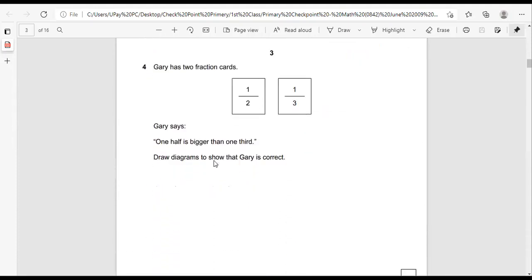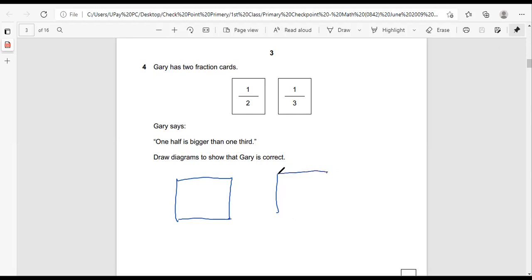We'll move to question number 4. Gary has 2 fraction cards, 1 over 2 and 1 over 3. Gary says 1/2 is bigger than 1/3. Draw a diagram to show that Gary is correct. So what you have to do is draw a rectangle, or you can even draw a circle, whatever.